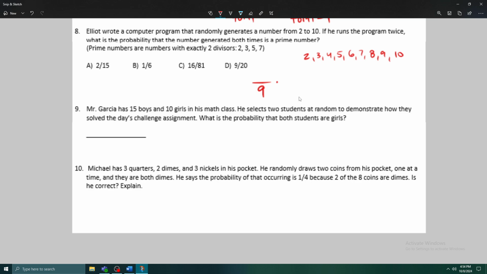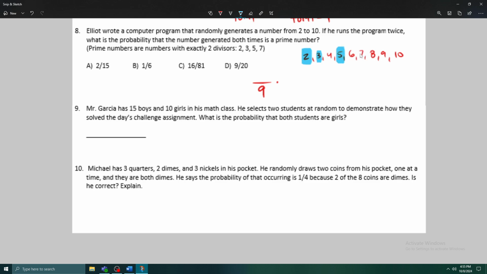Things aren't being ruled out, right? We're not saying, oh, once you land on 2, you can't land on 2 again. That's not what this is saying. It's asking, what's the probability that we land on a prime number twice?